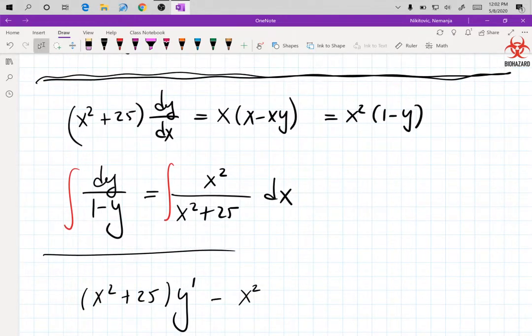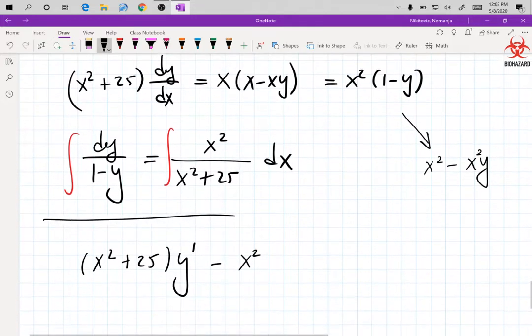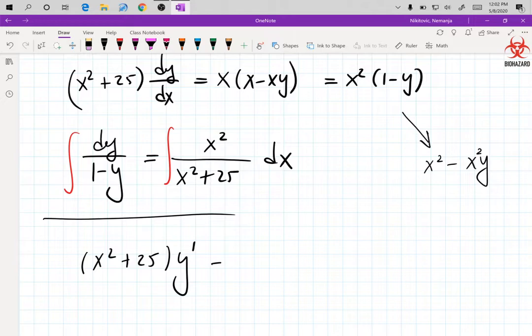For integrating factor, I actually have to fix this as x squared minus xy, x squared y, and then plus x squared y will be here, and on the other side we'll just have x squared stay alone.